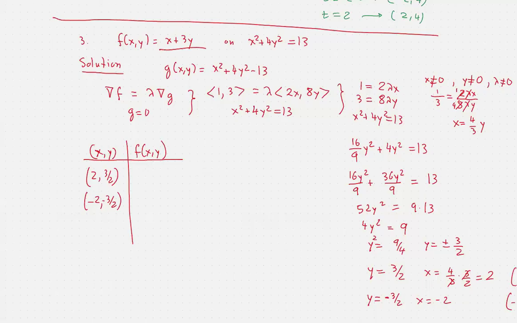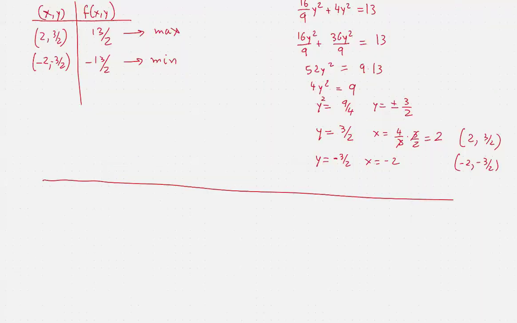That's 13 over 2. And here we get negative 13 over 2. And that will give us the maximum, and this will give us the min. And that's all. Let's now go to problem number 4.